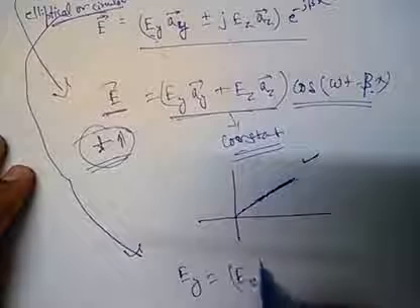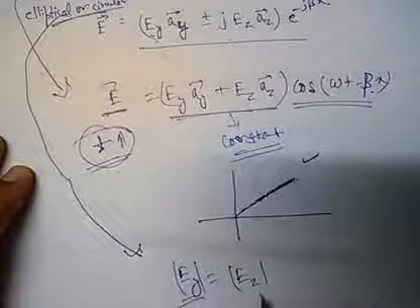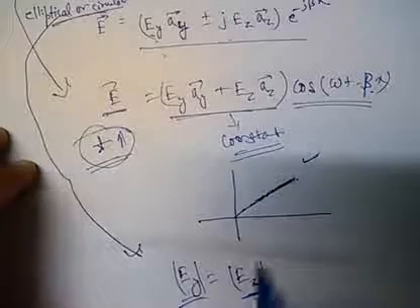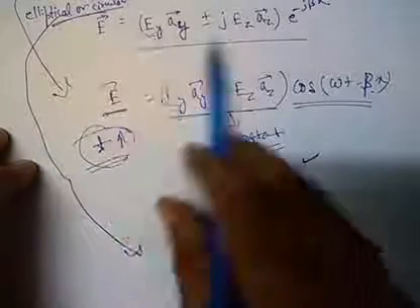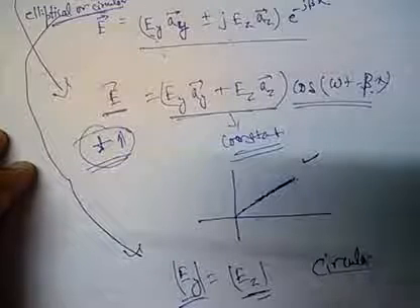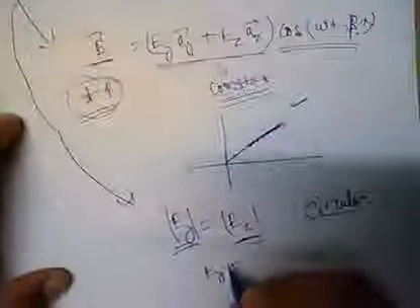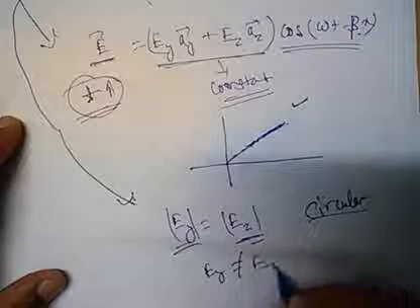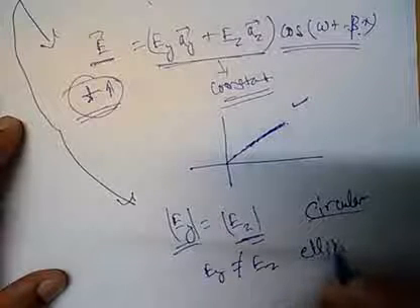Now when elliptical and when circular? When the two components, Ey and Ez, have exactly equal magnitude, of course these are constant terms, then we will say that this is circular polarization. When Ey is not equal to Ez, then it will be elliptical polarization.